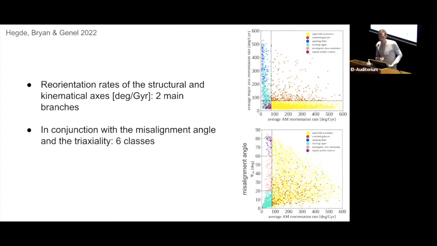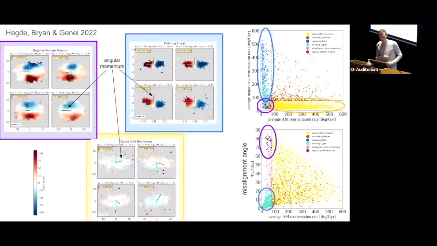I want to show you some poster childs from a few of them. In blue, we see what we call the twirling cigar. This is like a bar rotating inside this galaxy. We have a high reorientation rate of the major axis because it's just rotating around like this, but the angular momentum axis is fixed in space.